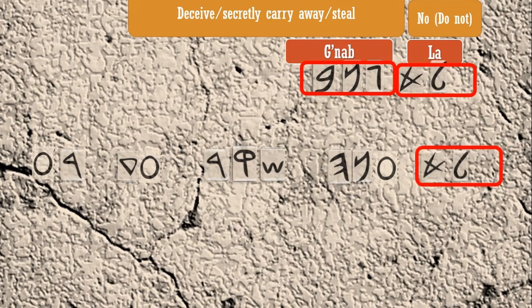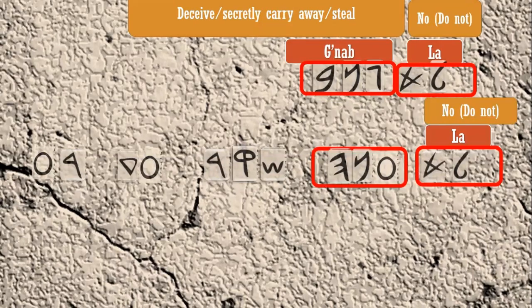The next one begins again with La. And if we are looking, what does La mean? Correct. No. And in the context today, you will see do not. The next word has the ayin, the nun, and the ha.